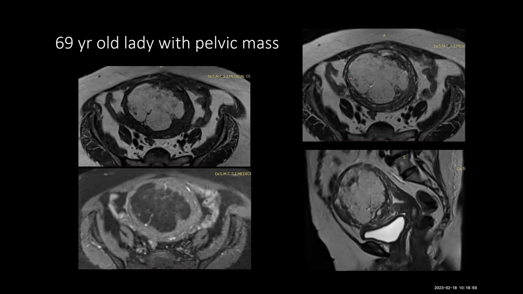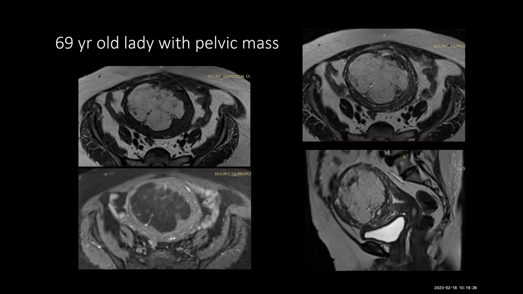On the sagittal images, I can appreciate that it is located in the fundus of the uterus with significant enlargement of the uterine cavity, obliteration of the endometrial canal, as well as mass effect on the adjacent uterine musculature. Subtle mass effect is also noted on the superior surface of the urinary bladder. However, the fat planes are maintained, suggesting that there is no definite invasion into the urinary bladder as yet.